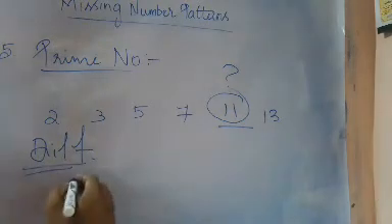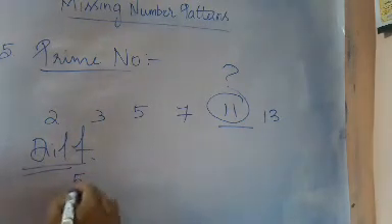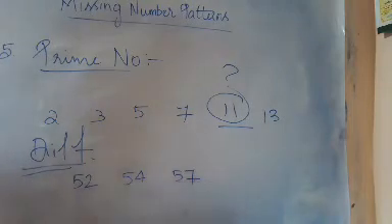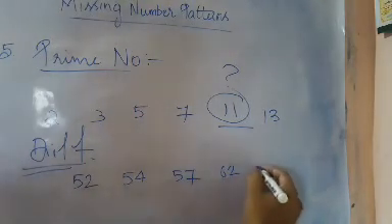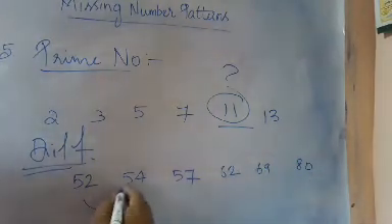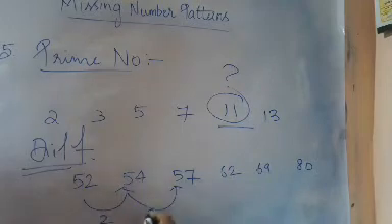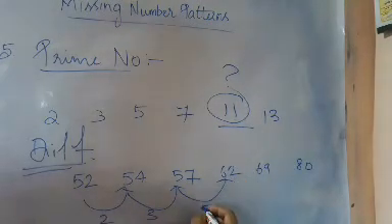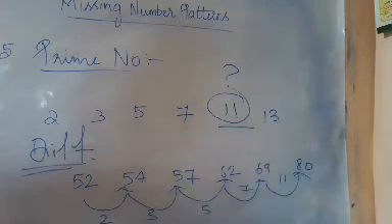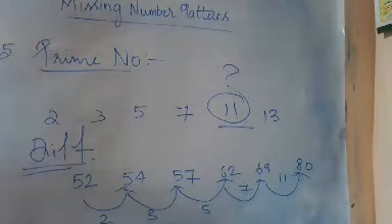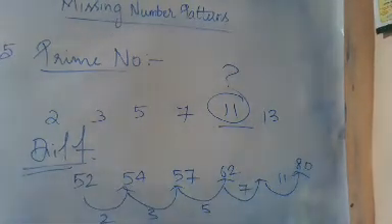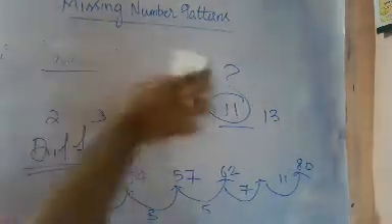For example, if you take 52, 54, 57, 62, 69 and then 80, you can see the difference is 2, the difference is 3, the difference is 5, the difference is 7, the difference is 11. So they might ask you what is the missing number here, so you should know the pattern of prime numbers. Let's move on.